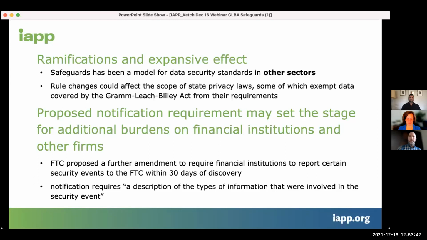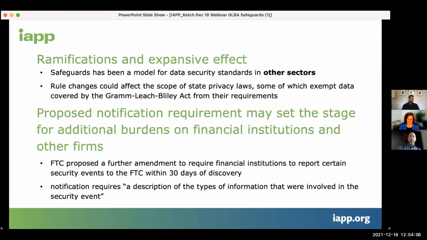One of those comment solicitations has to do with what needs to be in your notification if your company has suffered this breach. Is it just a description of the types of information that were involved in the security event, as it says here, or will other things need to be included in that notification? I should say, just describing the types of information that have been spilled is a tall order in and of itself.